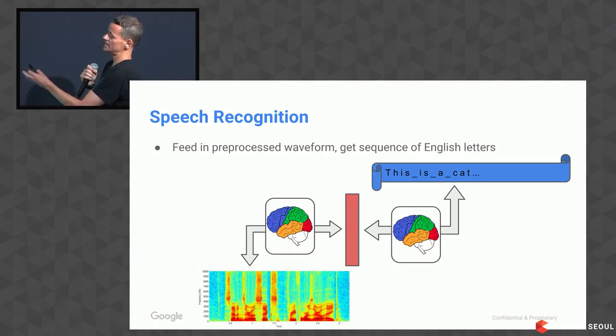In this case, you say this is a cat, and it would spit out, this is a cat. So you can train these networks to do exactly that. Of course, in any language. The data is different, but you use the exact same network.